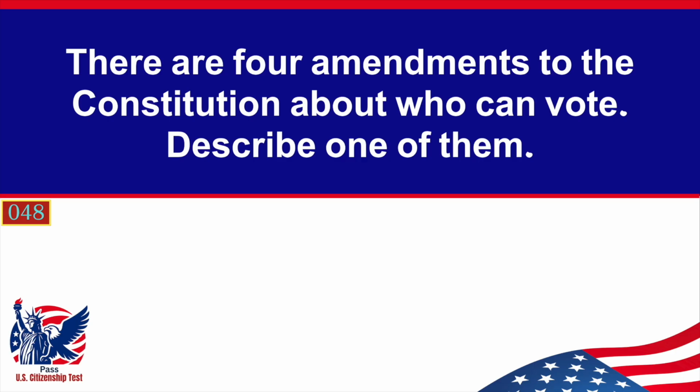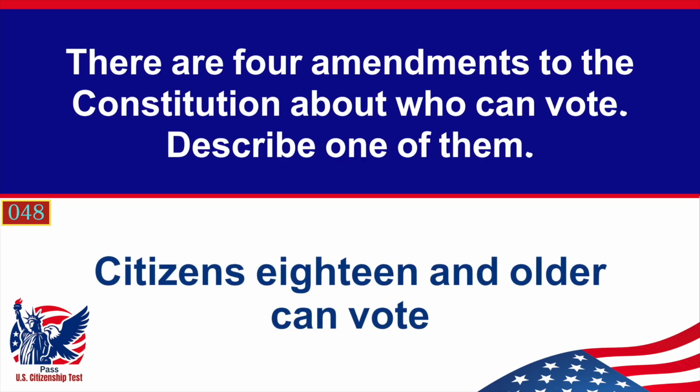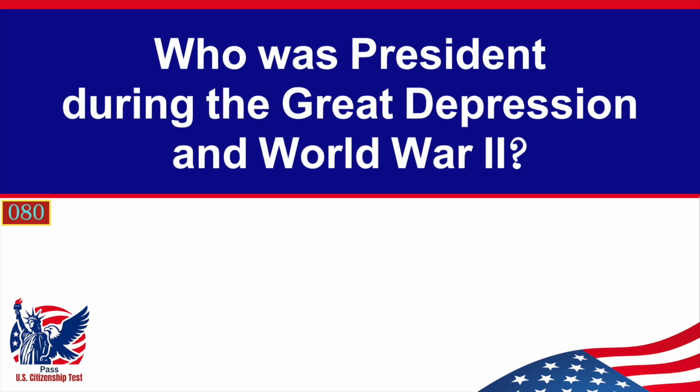There are 4 amendments to the Constitution about who can vote. Describe one of them. Citizens 18 and older can vote. Who was president during the Great Depression and World War II?